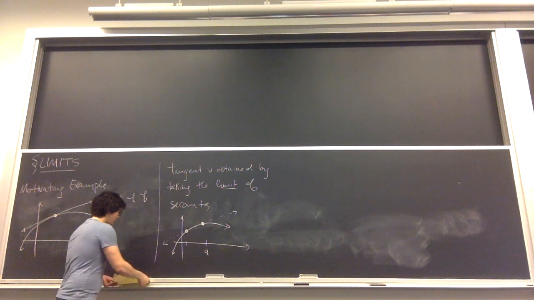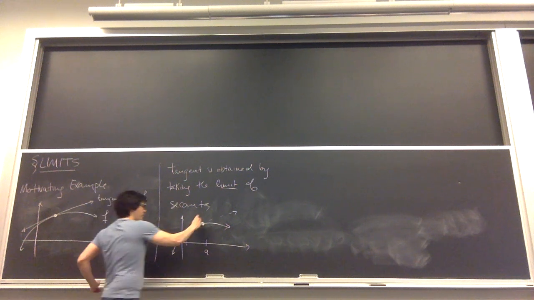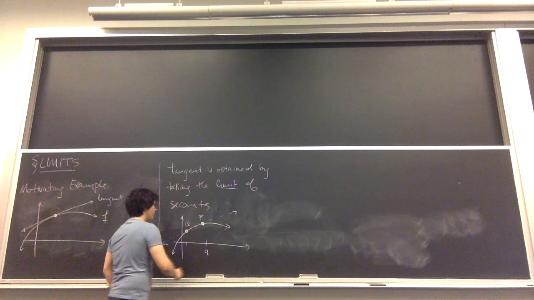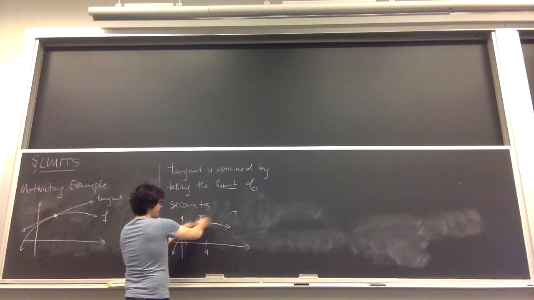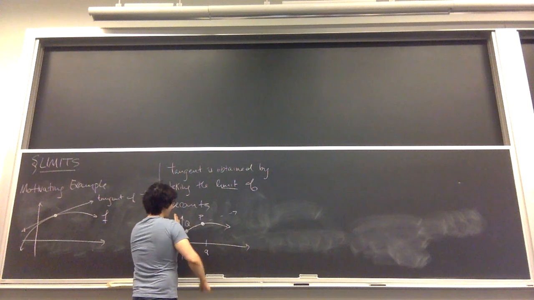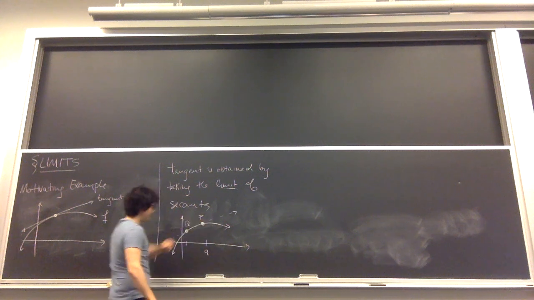Okay? So I have this point P, and I have this point Q. What I'm going to do is move these points closer and closer together and calculate this line. And eventually, you're going to have the line of the tangent.